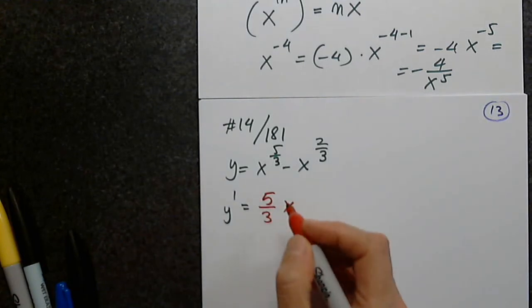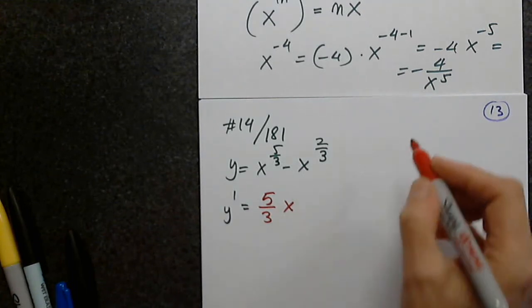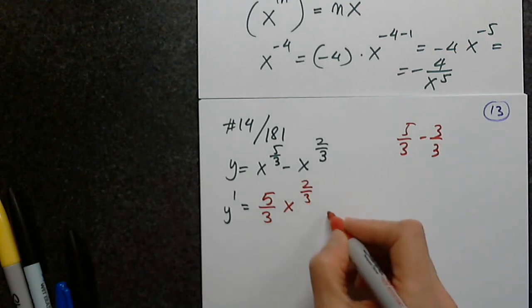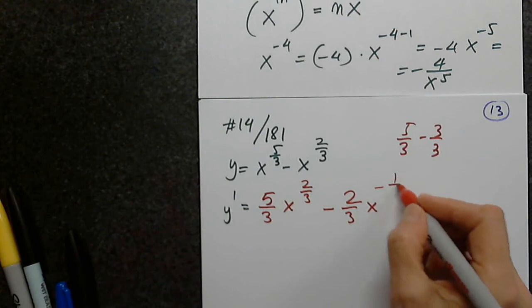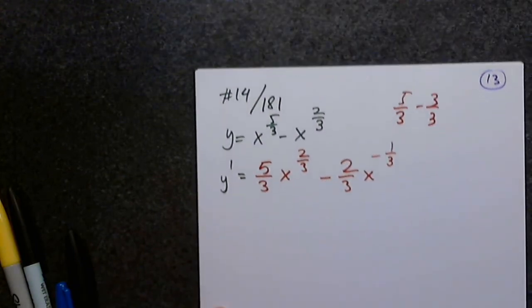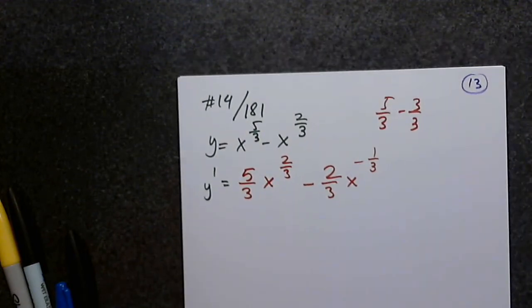Very good. x to the 5/3 minus 1, 5 over 3 minus 3 over 3, indeed 2/3. Minus 2/3 x to the 2 over 3 minus 3 over 3, negative 1/3. We can simplify this, and we will have to do it for chapter 4. Sorry, you moved really quick. Or 5/3 minus 2. It's okay.